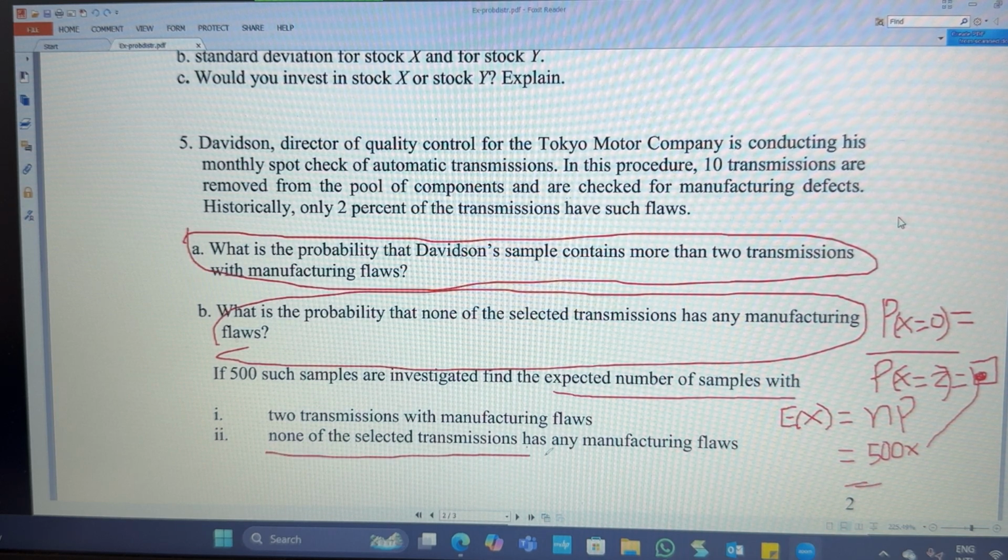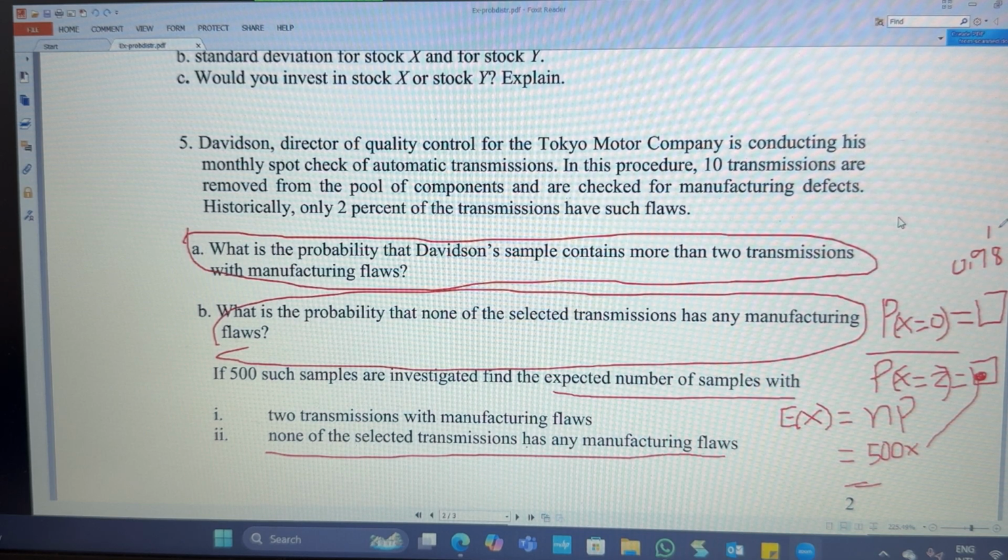Then for none of the selected transmissions has any manufacturing flaw, it means whatever answer you find here, I think that is 0.98 to the power 10.